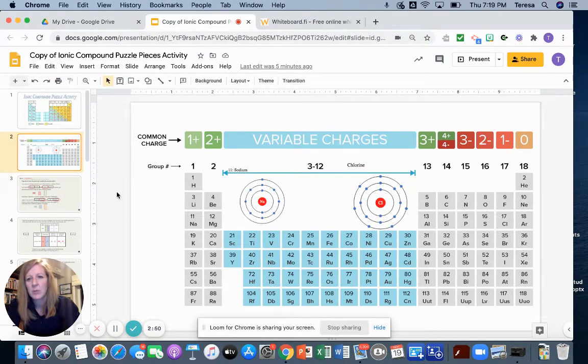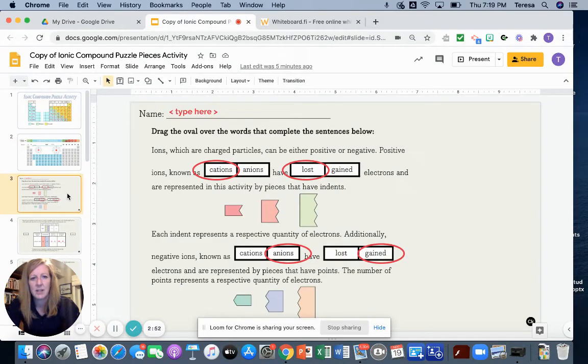So then we're moving on to our actual activity. The first thing you guys are going to do in your activity is figure out the answers to these questions. Are cations positive or is it anions? And have they lost electrons or have they gained electrons?